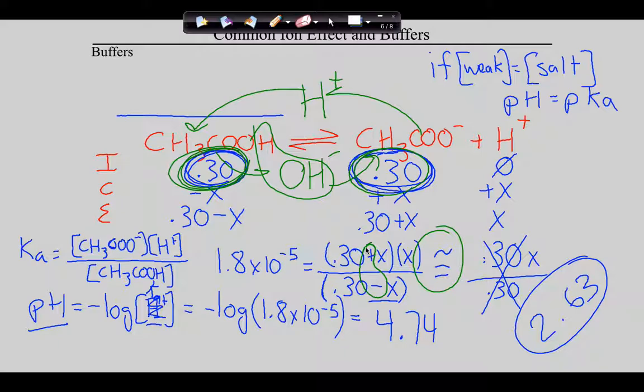So seldom would you build a buffer with a weak acid that has a Ka on the order of 10 to the third, because so much of this would break apart that if you added a base to it, that buffer would fail really quickly. Does that make sense?